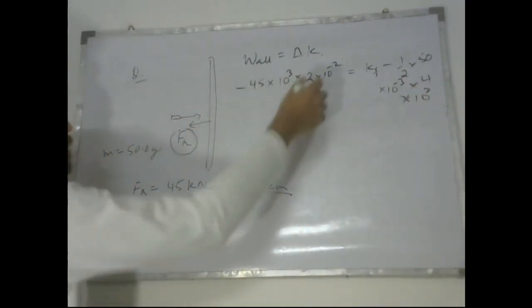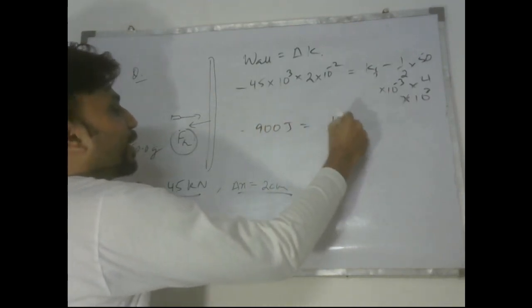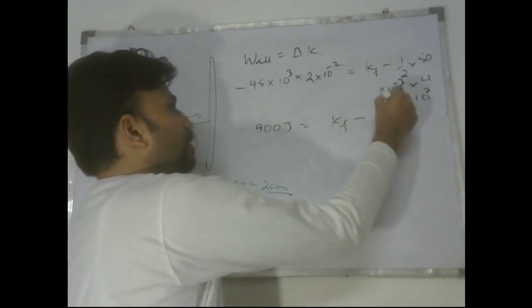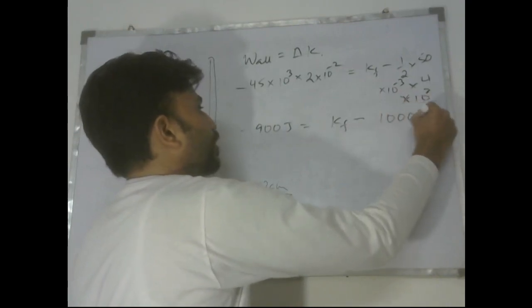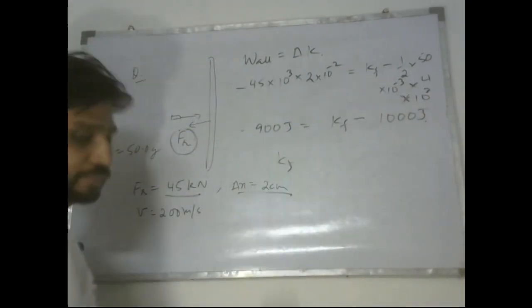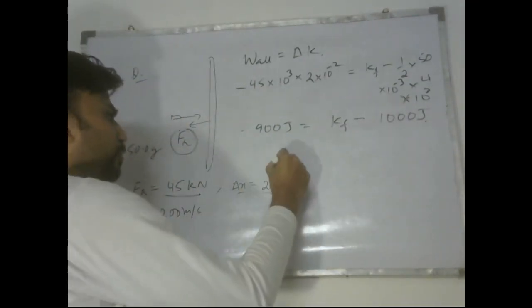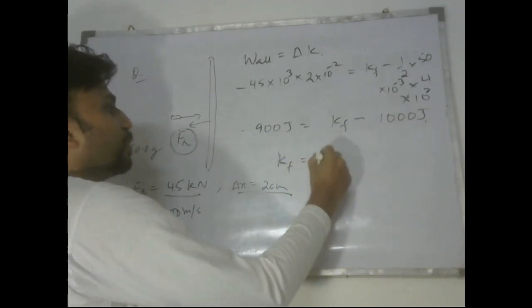Solving this, we get minus 900 joule is equal to final kinetic energy minus 1000 joule. So that means the final kinetic energy of the bullet is equal to 100 joules.